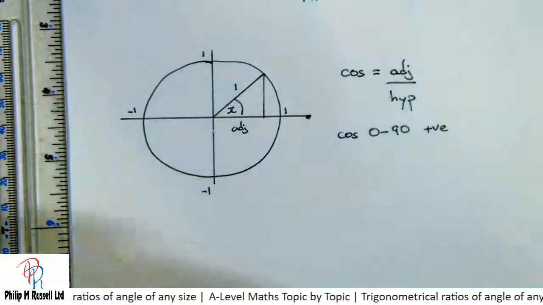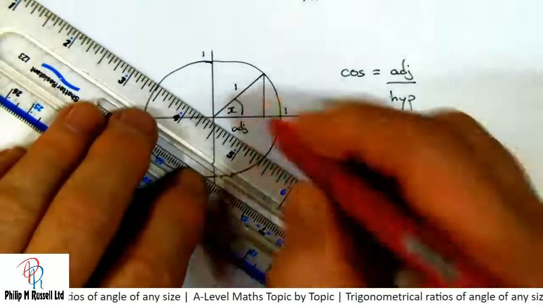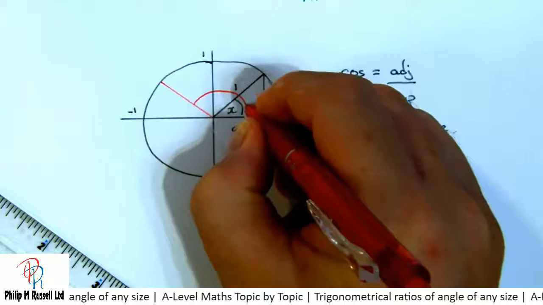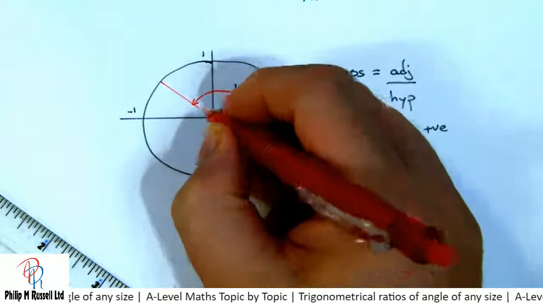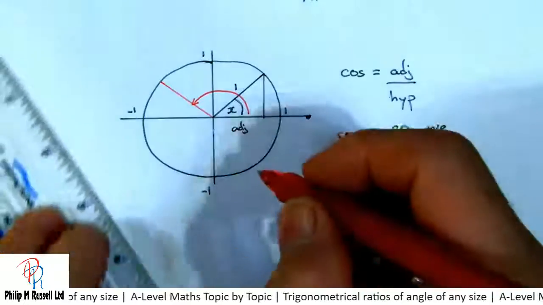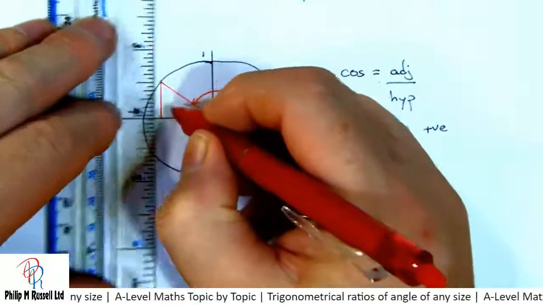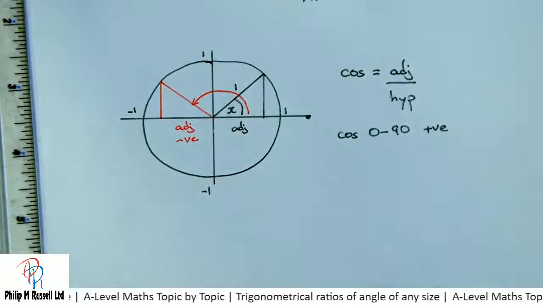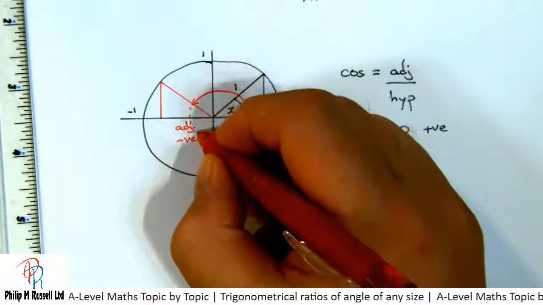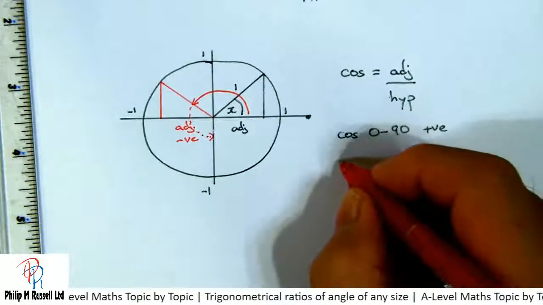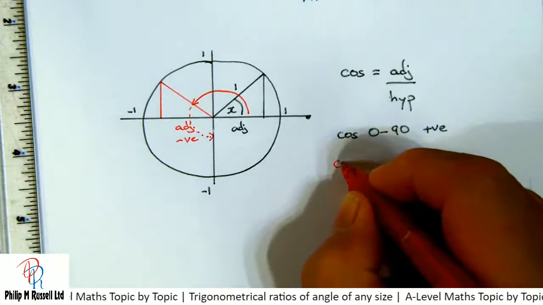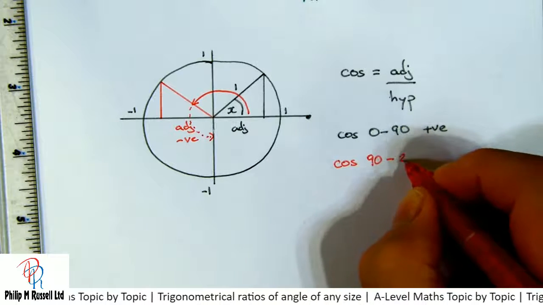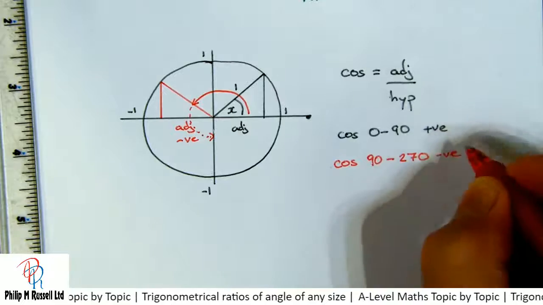If I now try and draw my cos over on this side, now my angle has increased to become an obtuse angle. Now my value of my adjacent here is going to be negative, and it's going to stay that way right round to 270. So I can think that my cos from 90 to 270 is going to be negative.